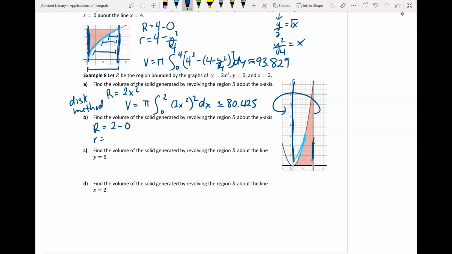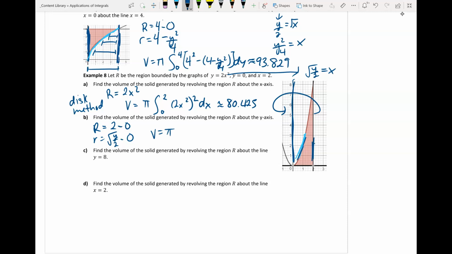Our small r, the light blue one, has to be in terms of y, so we rewrite this as root of y over 2 is equal to x. So our light blue one is the root of y over 2 minus 0, because we're revolving around the y-axis. We have vertical lines, so remember to change everything in terms of y.